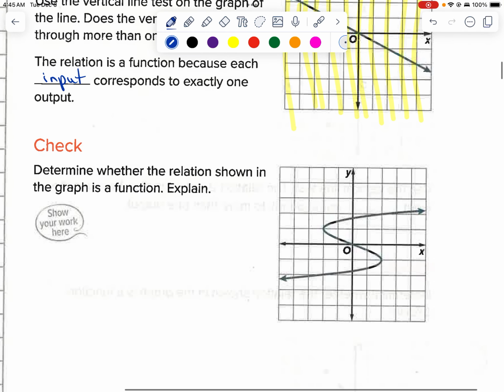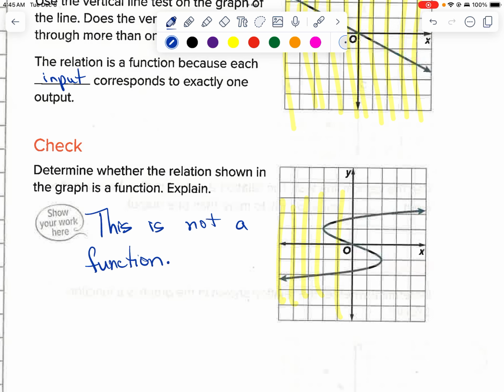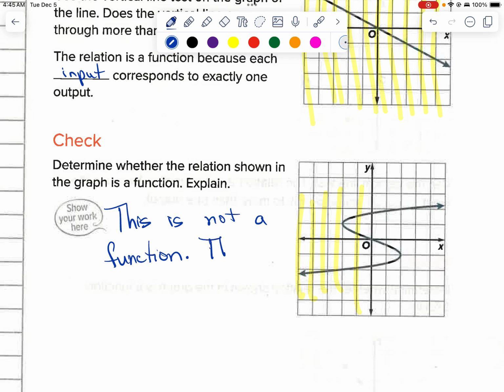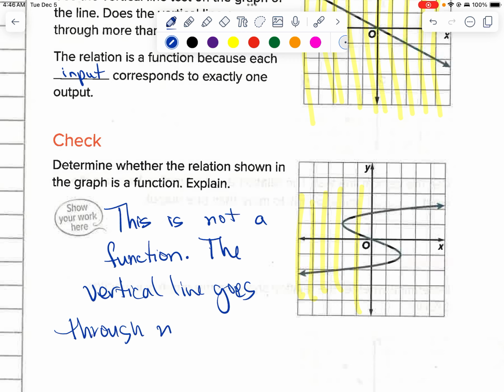Then let's do this one. Passing, passing, passing. Oh, not passing. This is not a function because the vertical line goes through more than one point at a time.